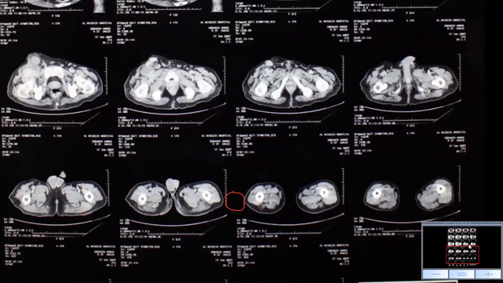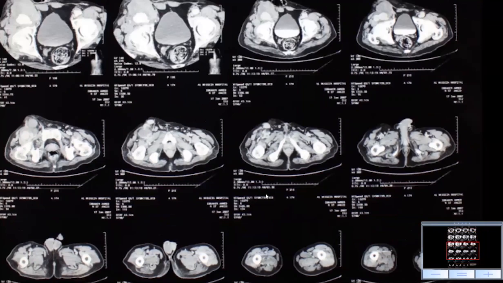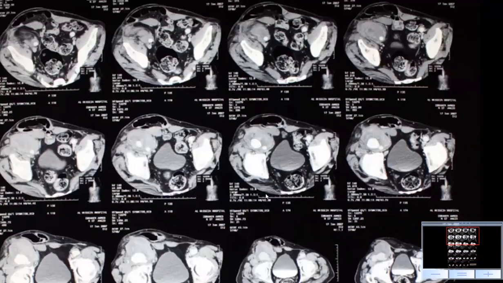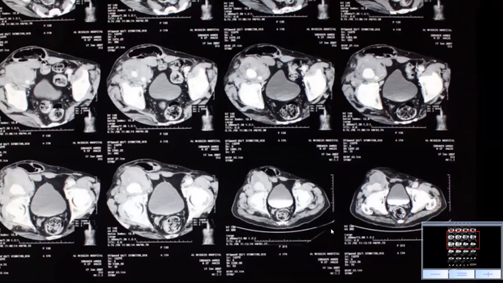Can you see the, oh wait, where is it? In the lower row, Muhammad, in the lower we can see. Okay, in the lower row, right?